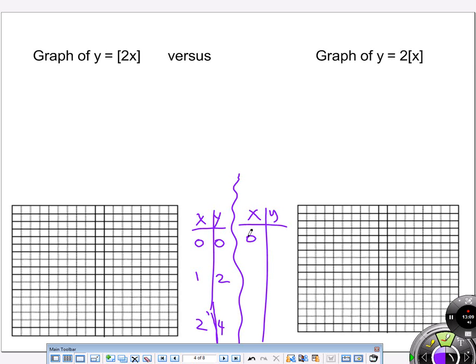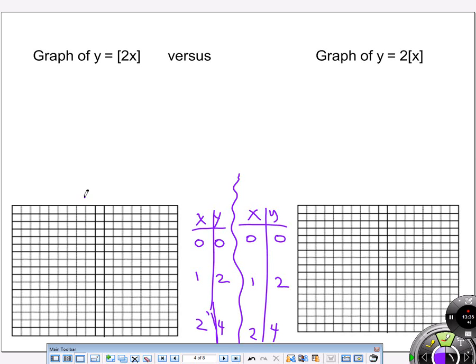When we plug in 0 here, 0 would remain 0 even after the rounding, and that times 2 would still be 0. When you plug in 1, because the integer function, when it's already an integer, doesn't have to round it, it stays 1, and 2 times 1 would be 2. And when we plug in 2, we would end up getting 4. So at first, they don't look very different. Some of their points would look exactly the same.